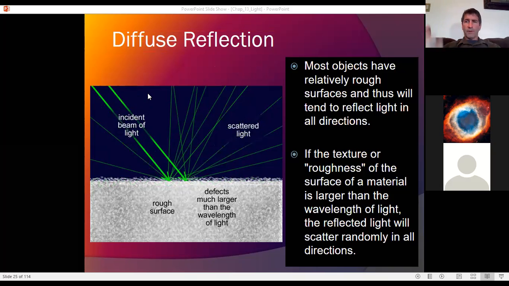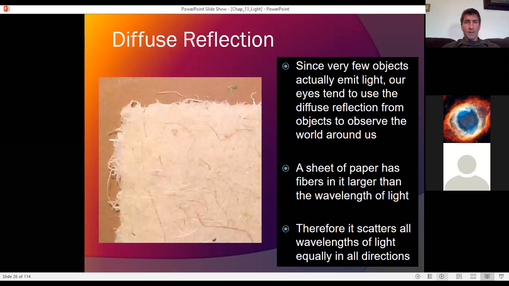So if you paint with a flat paint, it tends to have more of a texture. I don't know if you've ever painted with a satin paint. It's a little bit flatter, and then a gloss paint would be the smoothest. But any surface that has texture that's bigger than the wavelength of light is going to scatter it off in all directions. And that's what, again, we call diffuse reflection.